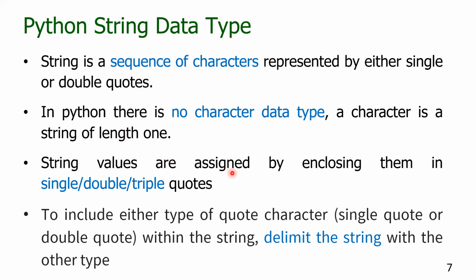String values are assigned by enclosing them in either single quotes or double quotes or triple quotes. To include either type of the quote character, that means if we want a single quote or double quote or triple quote as part of the string, then we can do so by delimiting the string with the other type of quotes. We'll be understanding this by looking at the subsequent example.